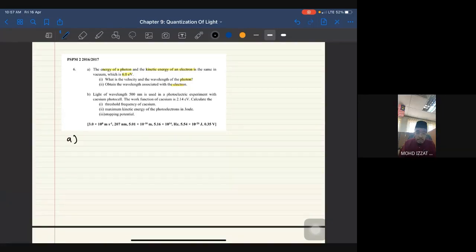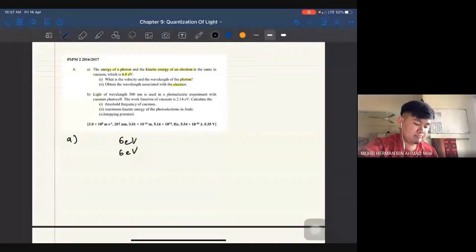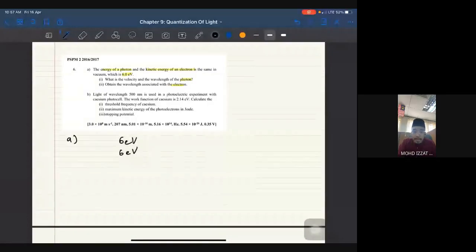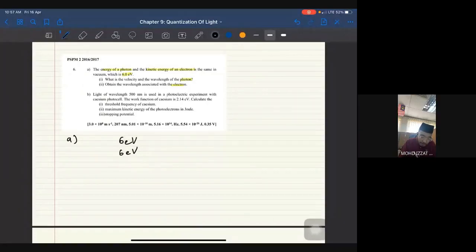There is 6 eV, right? So what does the 6 eV represent? Energy of a photon. So if I put energy of photon, maybe I can write this one as E. But this one is for photon. At the same time, it says that this one, what does it mean?